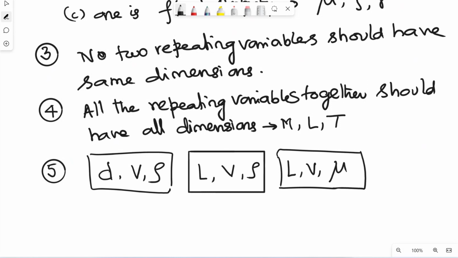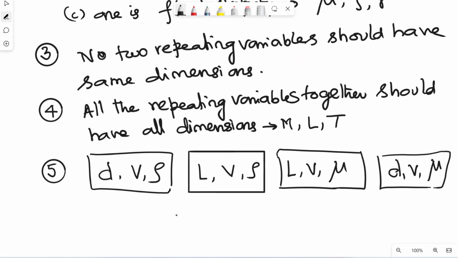Another is D, V, mu. This is only general, I am telling, it need not always be the same. Based on the number of problems we have solved previously, we are slowly coming to a conclusion. Because this is a geometric property, this is a flow property, this is a fluid property. Like that, I have chosen.